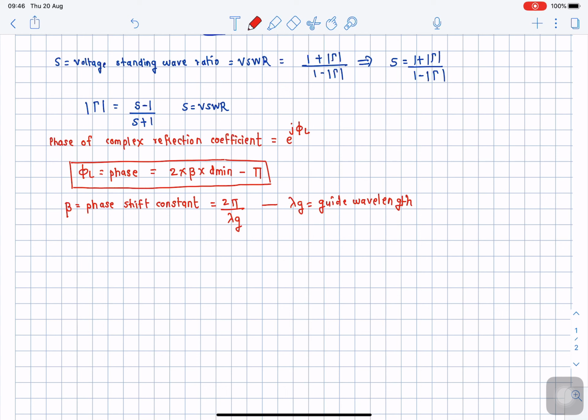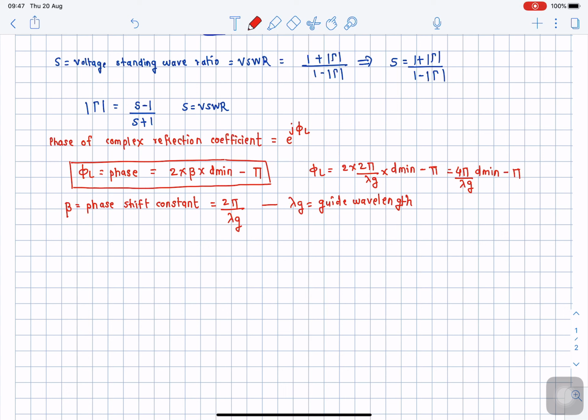So phi l is equal to 2 multiplied by 2 pi divided by lambda g into d minimum, minus pi. It becomes 4 pi divided by lambda g, into d minimum, minus pi.